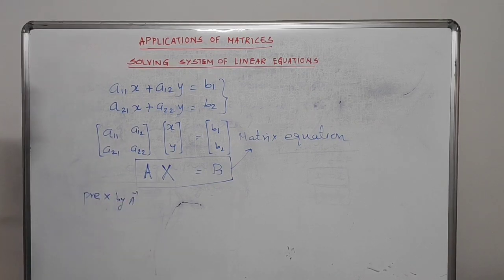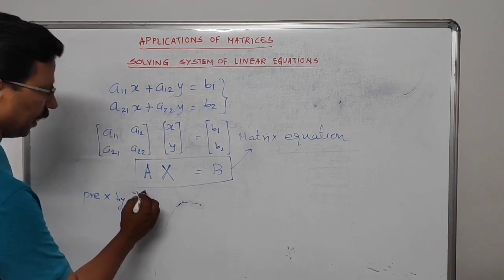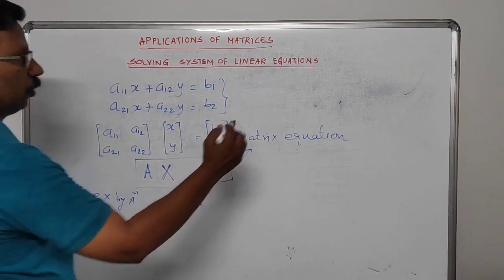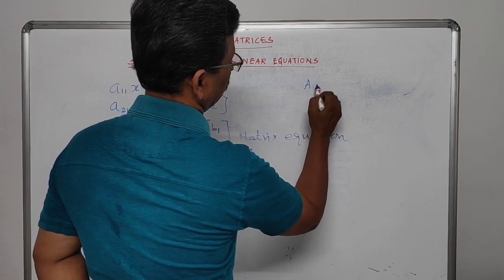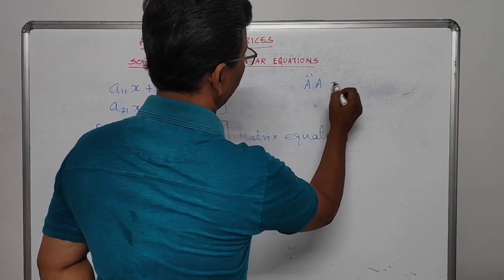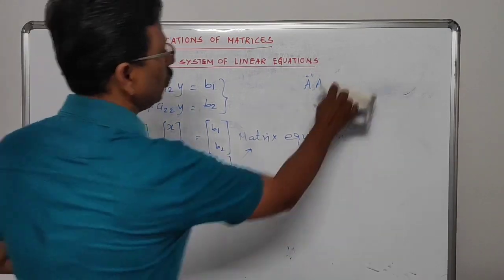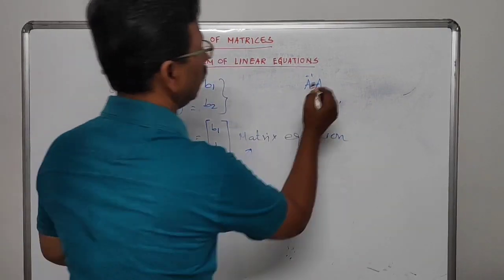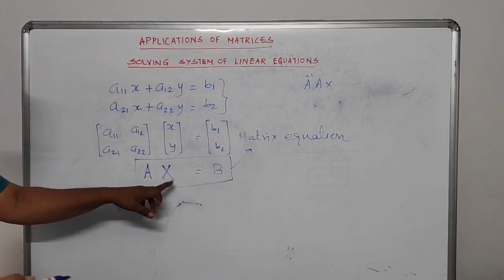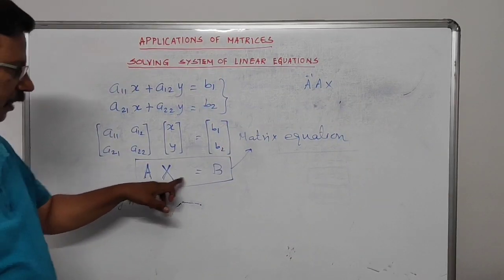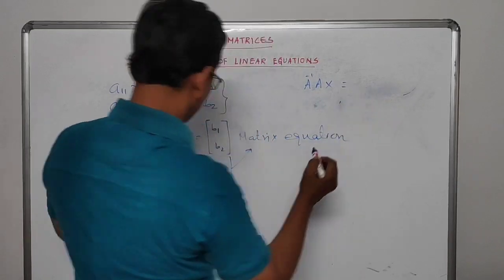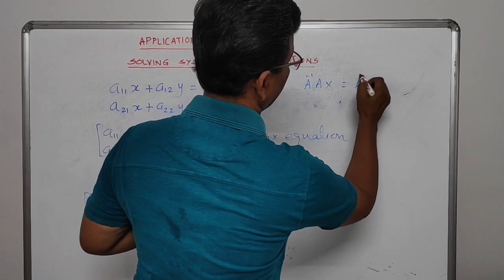Therefore we can write: A inverse into A into X, pre-multiplying the left hand side, is equal to, again pre-multiplying by A inverse, B.